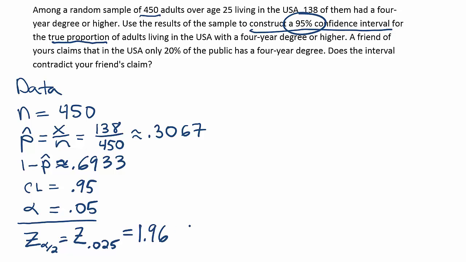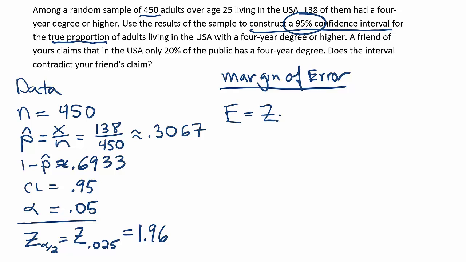Now that you have your data and your critical value, you're going to do your margin of error. Okay, and your margin of error formula here is a little different than it used to be. So we'll have z alpha divided by 2 times the square root of p hat times 1 minus p hat all over n.